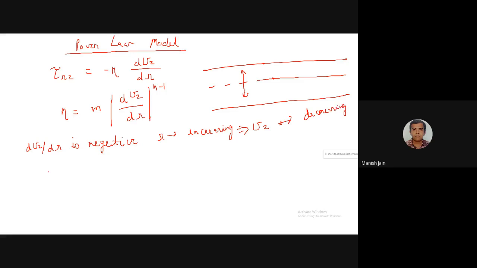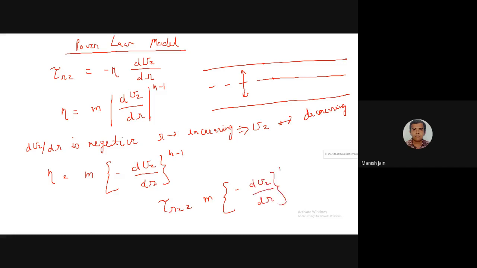Okay, so you can write eta equal to m in bracket minus dvz by dr, similar to the last problem, to the power n minus 1. So when you substitute, you will get tau rz equal to m in bracket minus dvz by dr to the power n.